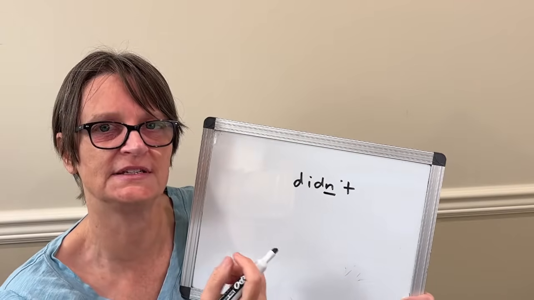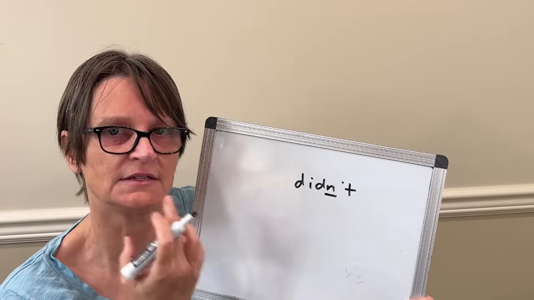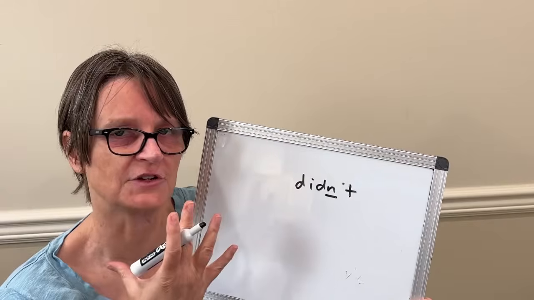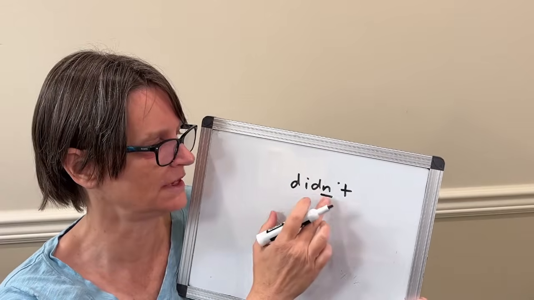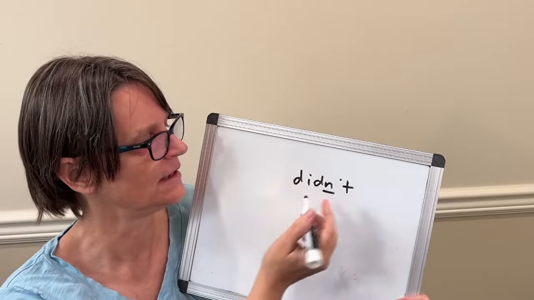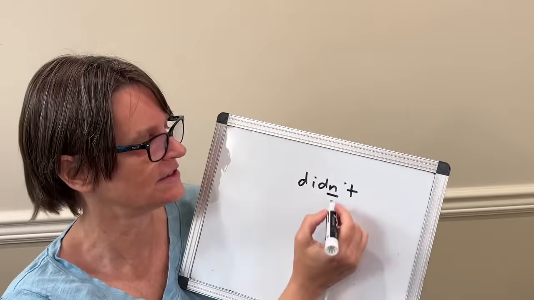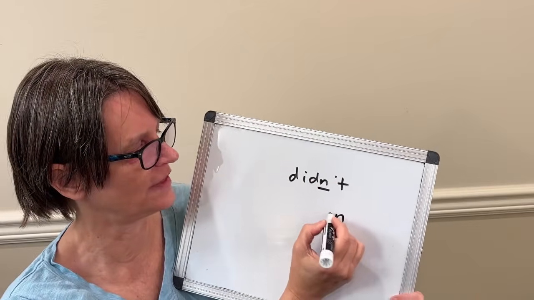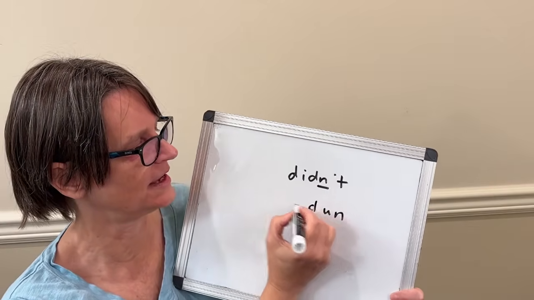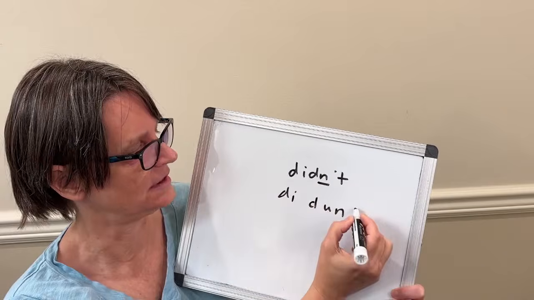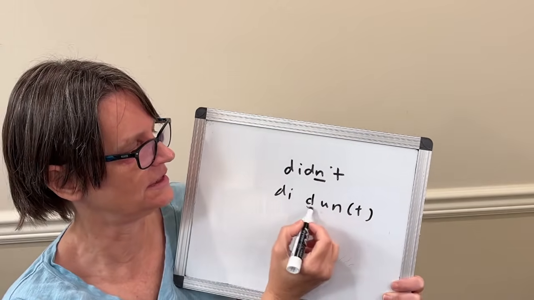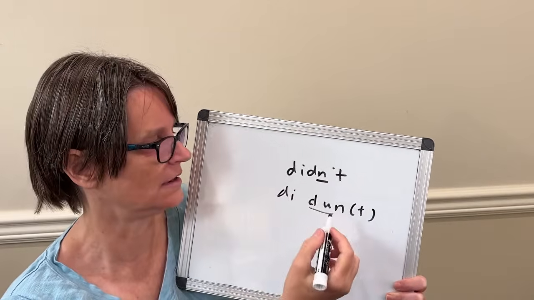So I don't want "didn't" with an unreleased stop or a full D. Neither sounds natural to me, because there's a little schwa before that N. It's almost like "did" and I don't let that T out. Didn't.